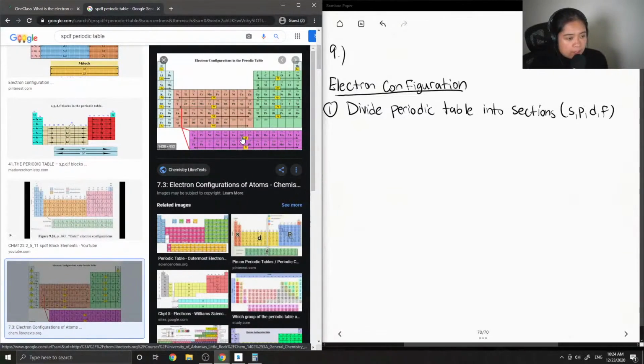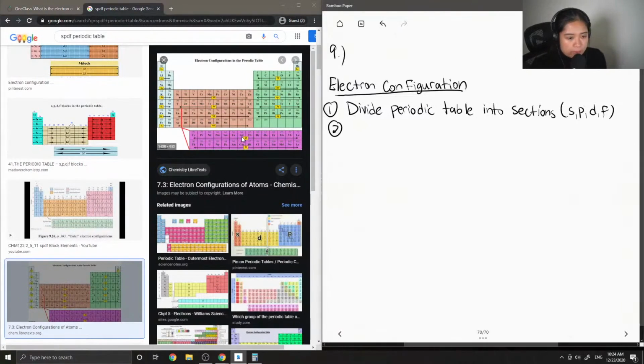The P block is this green rectangle, and the D block is this orange, which is all the transition metals. And lastly, the F block is the last 2 rows, which are the lanthanides and the actinides.